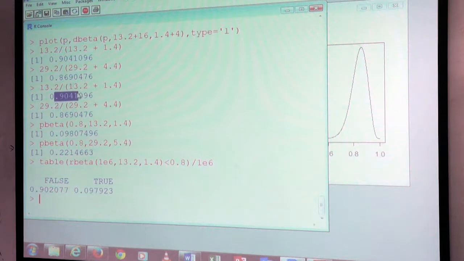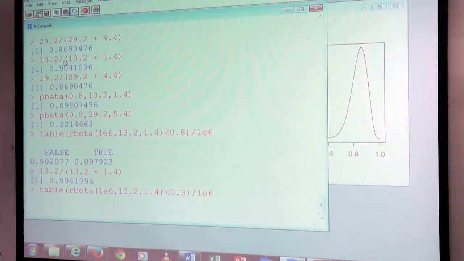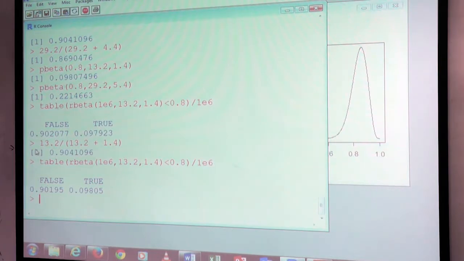Oh yes it is, look, that number there is the exact answer and there's my estimate. I thought we've got pbeta 0.8, 13.2, 1, before you got 0.09807 and then you've got 0.09792. Is that right now? That's right, isn't it? 13.2 and 1.4, so that should equal that, and it does almost exactly.